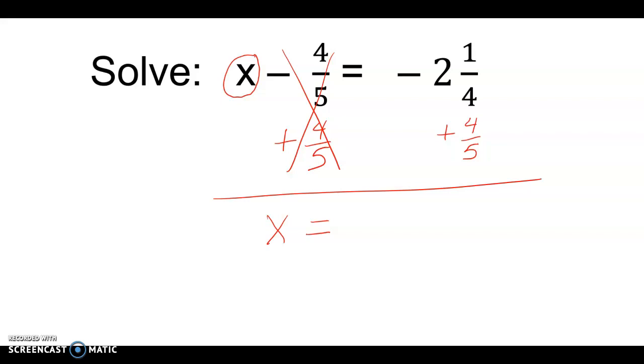So you type in -2, use the cursor button, and then 1/4, and then the cursor button. So you have -2 and 1/4, and then you're just going to go plus 4/5. And then you hit the enter button, and you get an improper fraction. You get -29/20. Now, let me show you how to change that to a mixed number with your calculator.